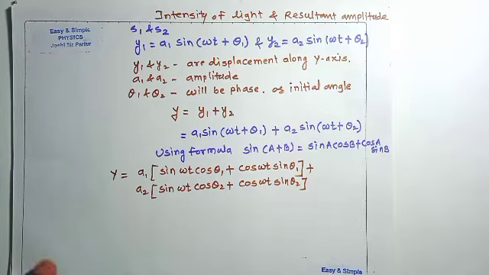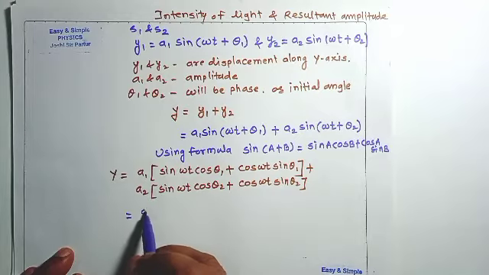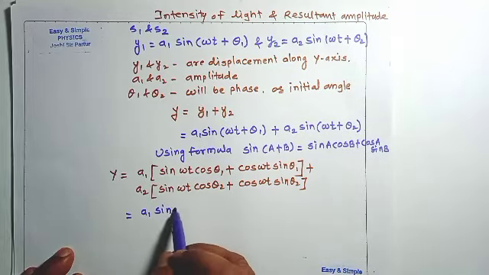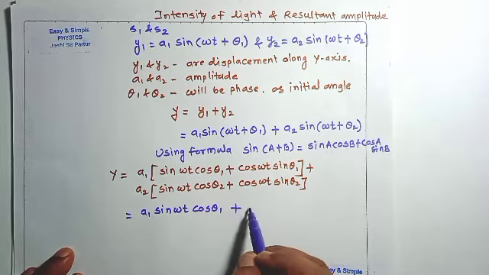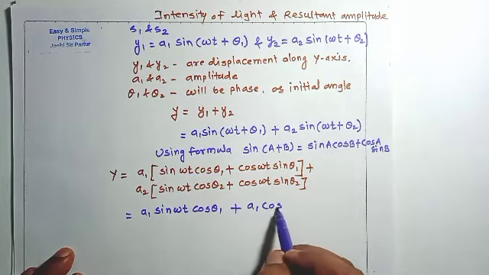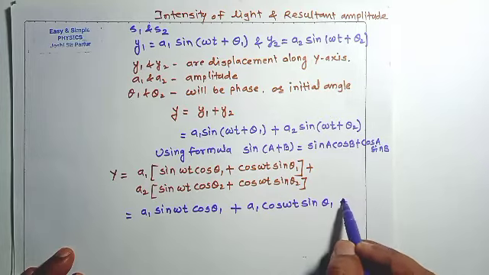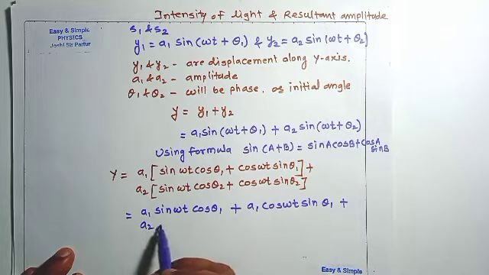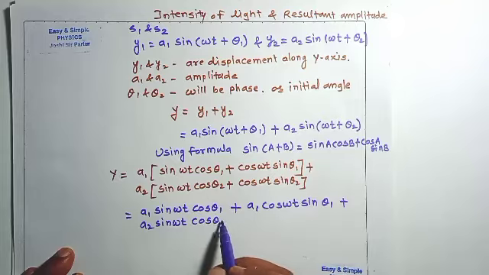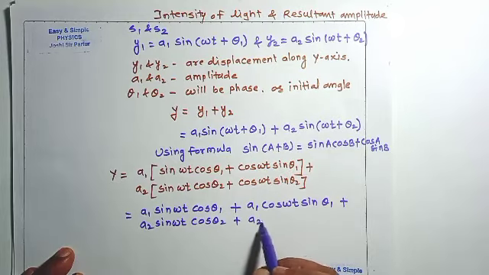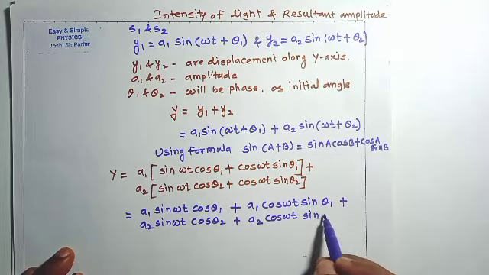By multiplying with the amplitudes a1 and a2, it is a1 sine of omega t cos of theta 1 plus a1 cos of omega t sine of theta 1 plus a2 sine of omega t cos of theta 2 plus a2 cos of omega t sine of theta 2.